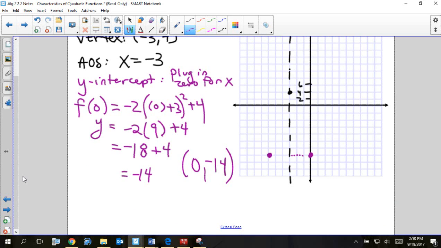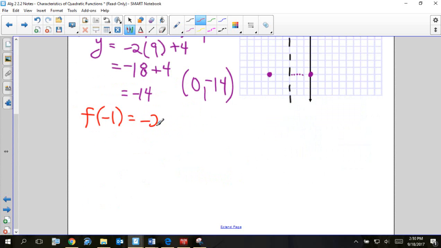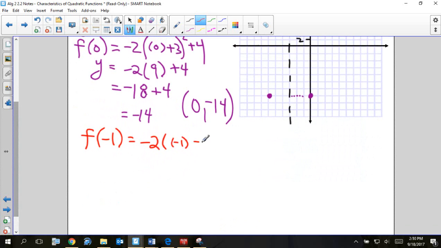We'll plug in negative 1. So when we plug in negative 1, we do f of negative 1. Wherever I see an x, make it negative 1. So negative 2, parenthesis, there's my x, negative 1, plus 3, close parenthesis squared, plus 4. I just plugged it into the original equation, replaced x with negative 1.